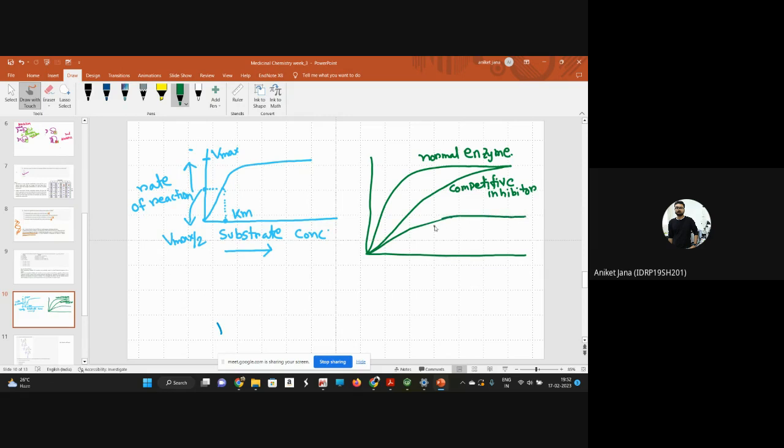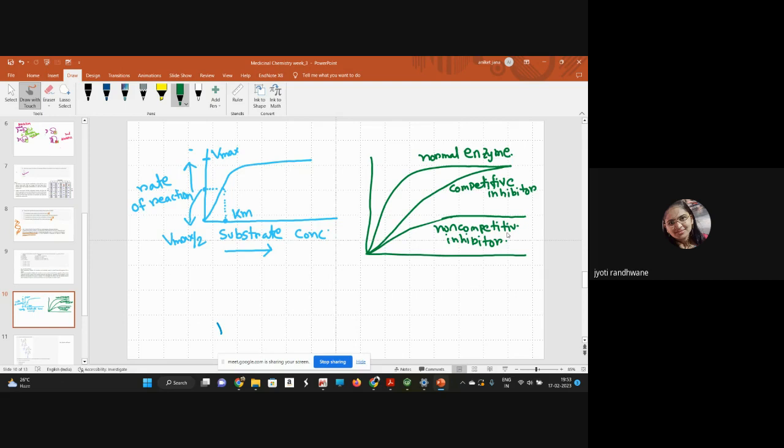What does the term competitive suggest? When substrate and enzyme form a complex, but in the place of substrate the inhibitor comes, there is a competition between inhibitor and substrate.